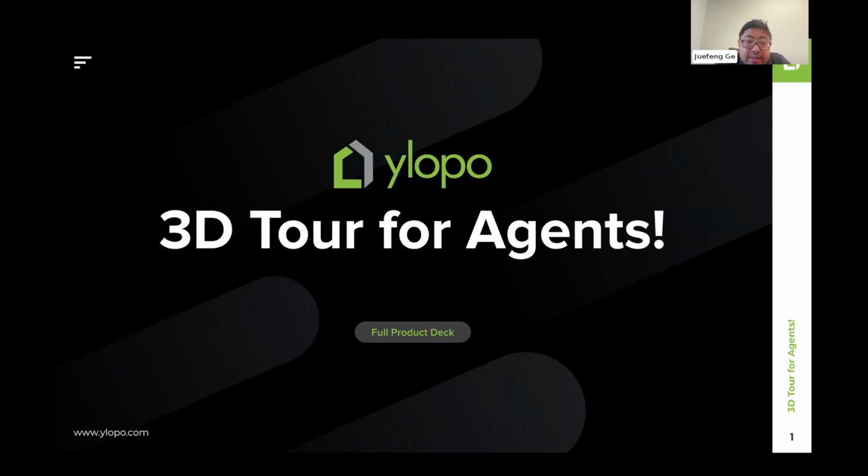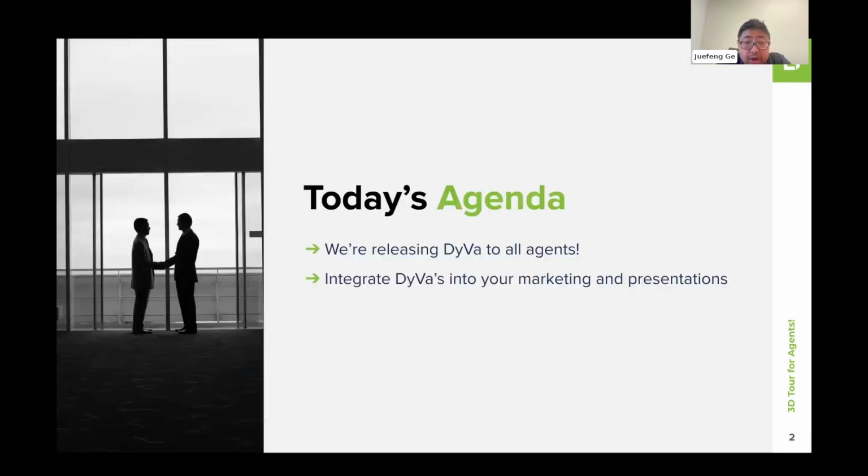Diva is one of the first things we thought of that, when we polled the community, would be most valuable to bring down to the agent level. In combination with Diva, we're going to talk about listing presentation as well, which is another extremely valuable tool that's being underutilized. That's really for the agent community.